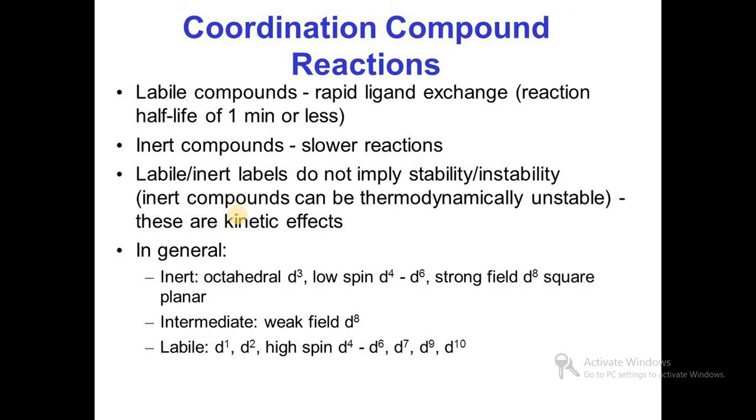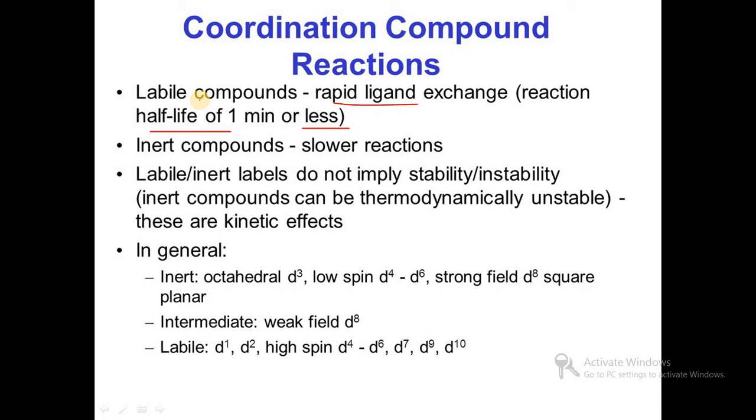First we will see what labile complexes and inert complexes are. Labile compounds mean rapid ligand exchange takes place, that is, a reaction half-life of 1 minute or less. In the case of labile complexes, a 7-coordinated intermediate will be formed, and labile complexes follow an SN2 type of mechanism.